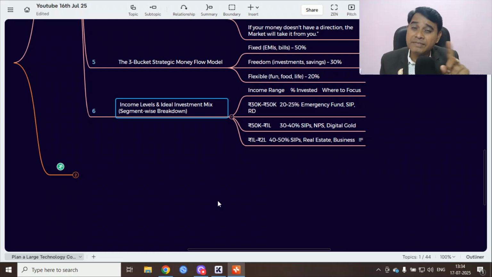Suppose your income is between 50,000 and 1 lakh rupees, your investment percentage should be 30 to 40% of your income, going to SIPs, NPS and digital gold or silver. And if your income range is 1 to 2 lakh rupees, 40 to 50% should go to SIPs, real estate and business. This is the important factor where you need to be more focused. Then the answers will come to you. If you don't understand these things at a deeper level, you will not get anything.